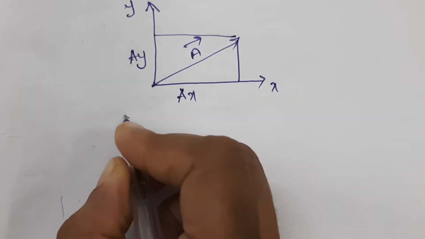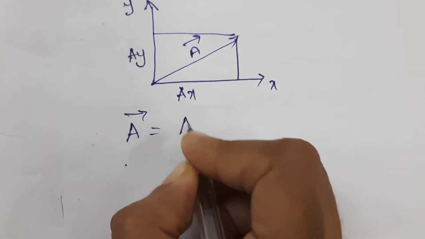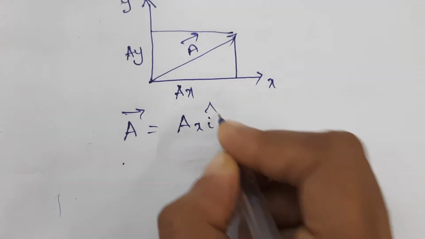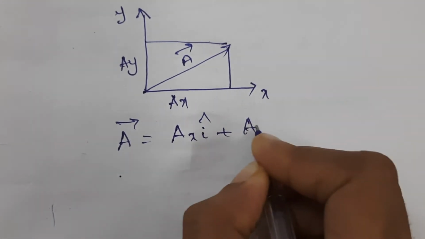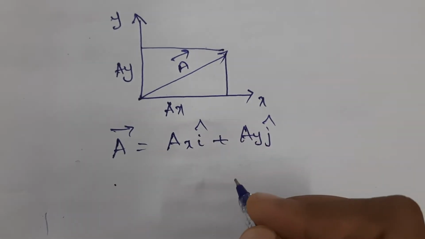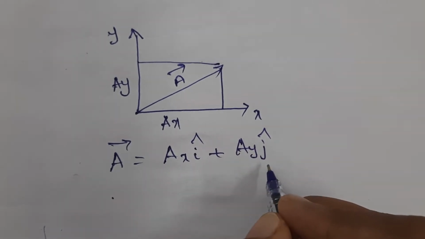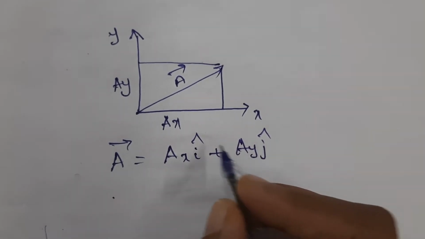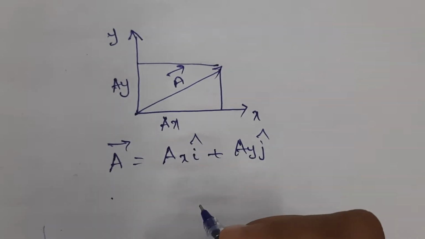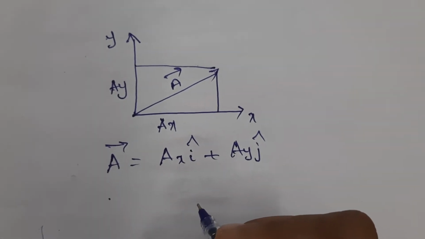So we can write the vector A is equal to Ax i cap plus Ay j cap, where i cap and j cap are the unit vectors along the x and y axis.